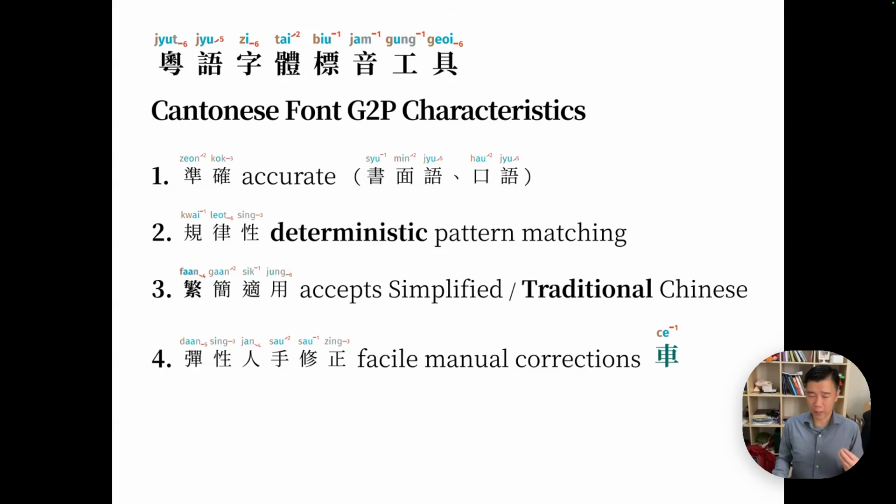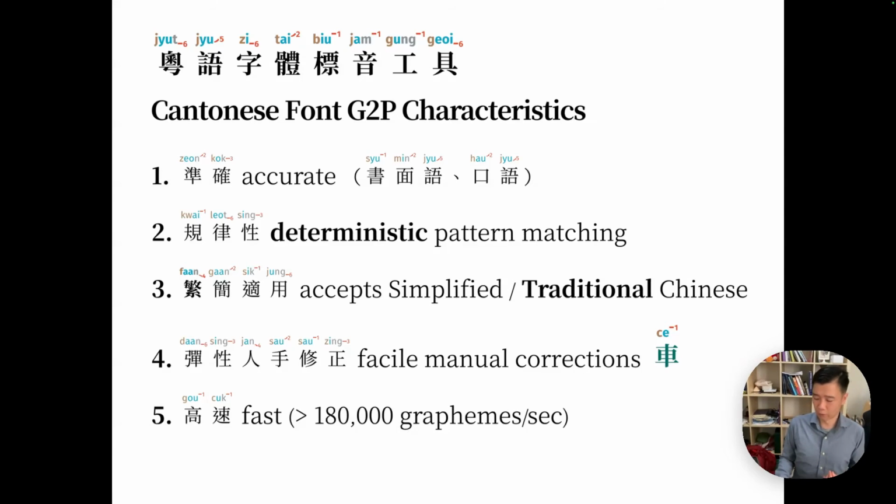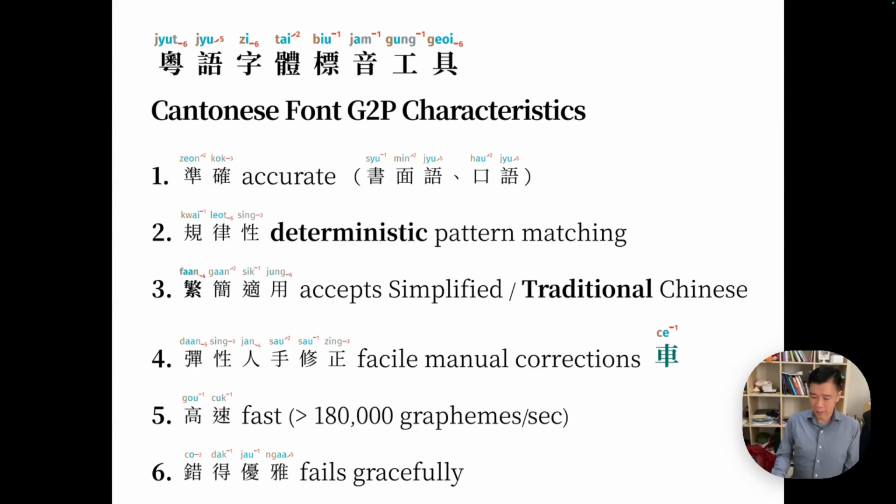And the editing that you do on the UI is going to get reflected by the shaper. This is very fast as well. On a MacBook M1, it runs at about 180,000 graphemes per second. So we can do fairly large batch of work with it. And then it fails gracefully.